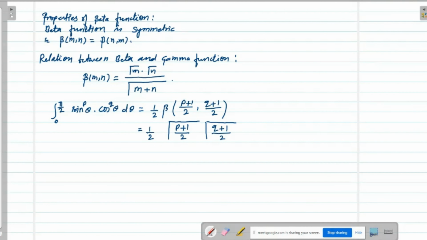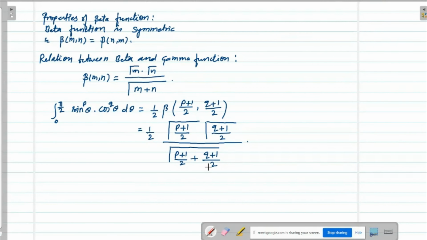So gamma of p plus 1 by 2 into gamma of q plus 1 by 2, divided by gamma of p plus 1 by 2 plus q plus 1 by 2. So your formula can be written like this, and we will use it while doing the problems.